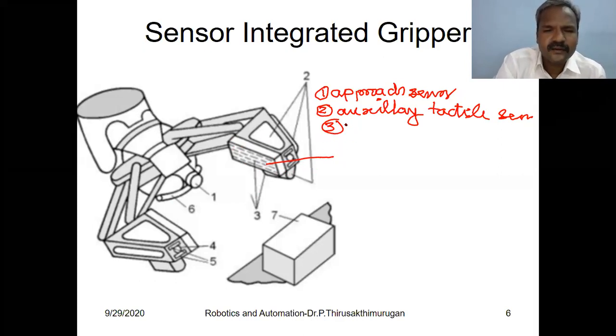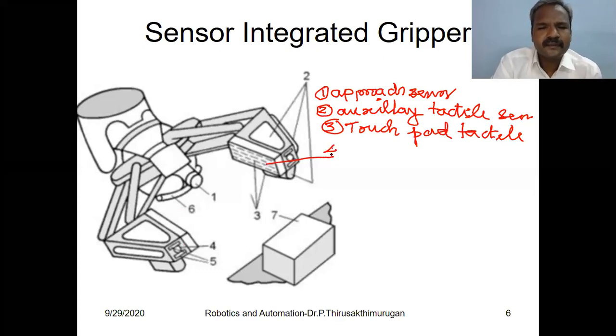Four may be a photodiode or it may be a proximity sensor. In general, it is a proximity sensor. These are the sensors employed in a gripper.